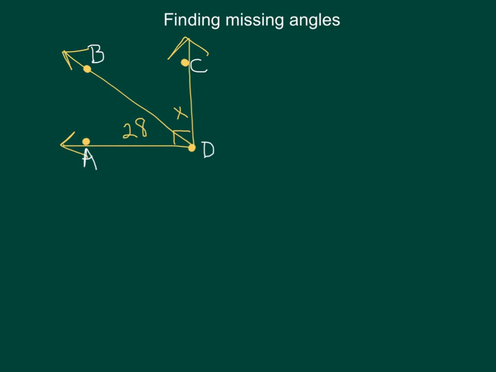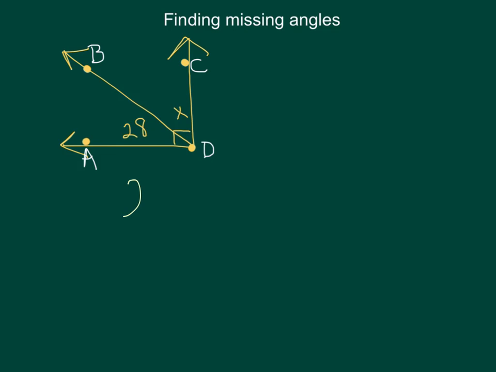With the information of complementary and supplementary angles, you're able to find the value of a missing angle. So for example, if we look at this set of angles here, you are able to see that 28 and x are adjacent angles, so they're next to each other, but we would also be able to say that they are complementary angles because they add together to equal 90.